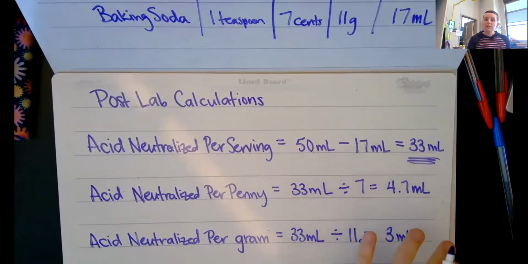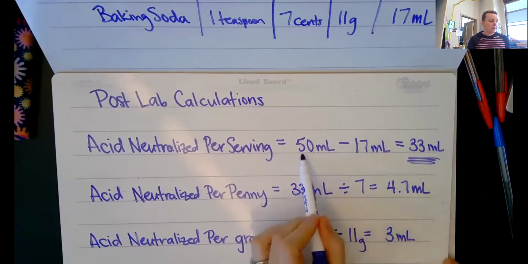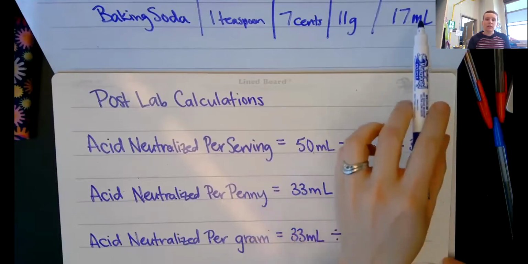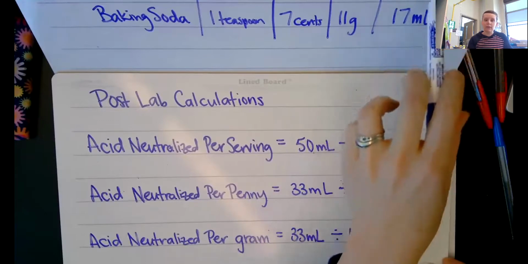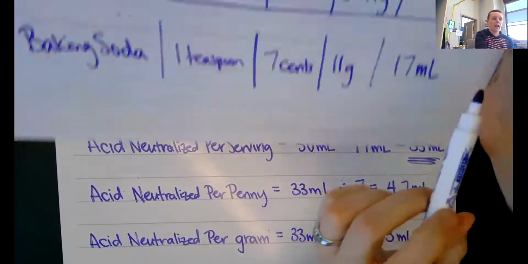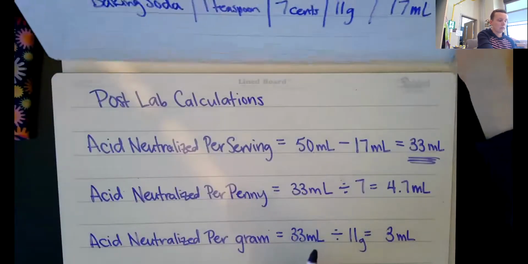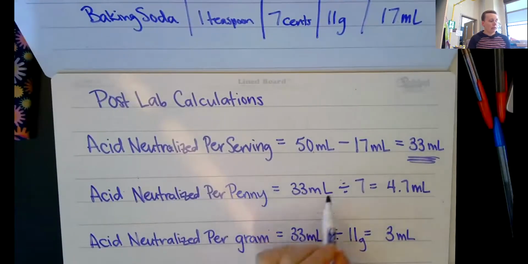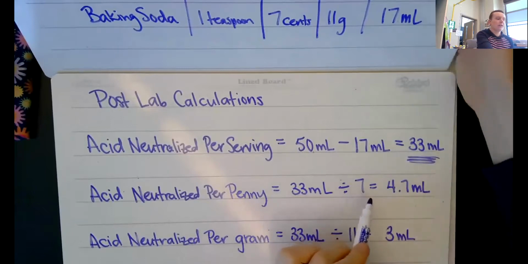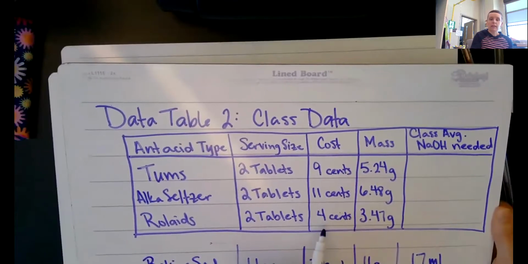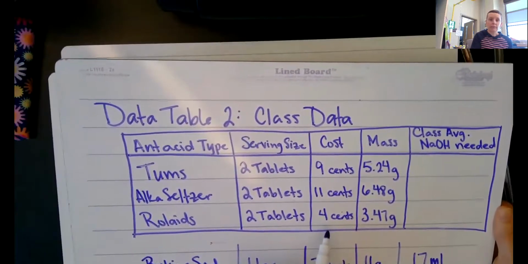Follow that same example. 50 is going to be your starting point for everything in that first row, and then you'll subtract the NaOH that you needed as a class, the class average NaOH, okay? Subtract that class average NaOH to get your 3 answers. Then you'll take your answers, divide them by, not by 7, but by either 9 or 11 or 4 to get the acid neutralized per penny.